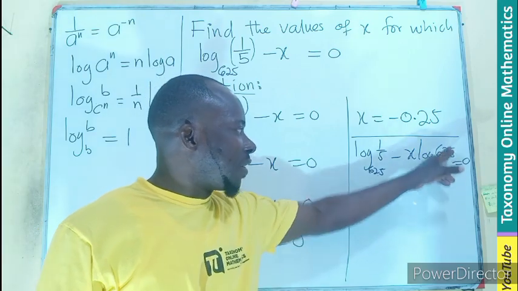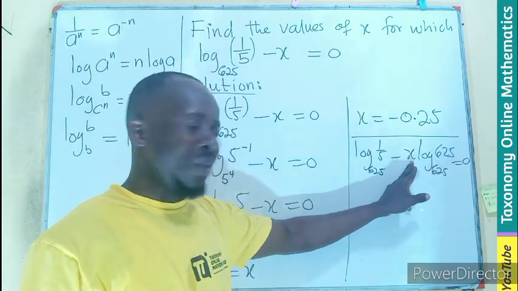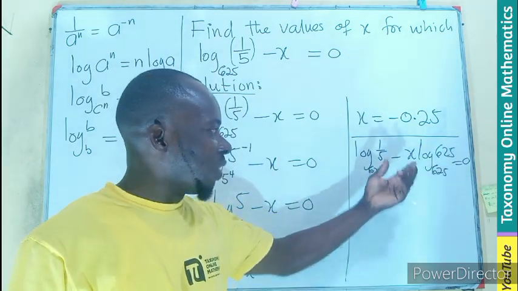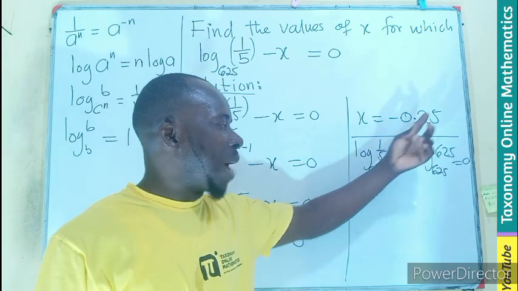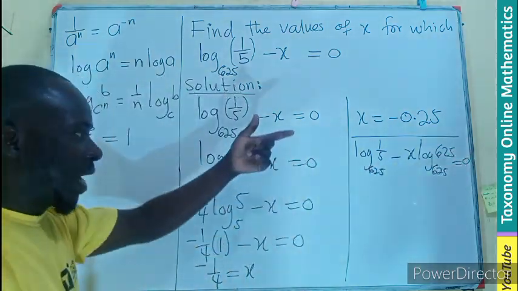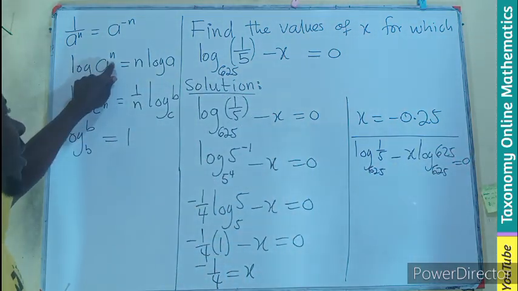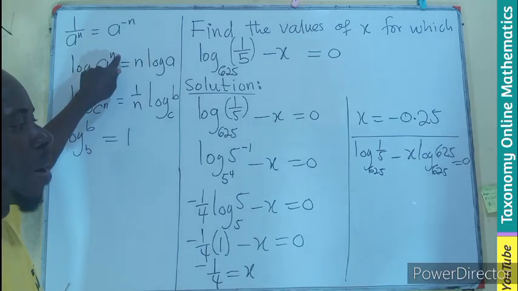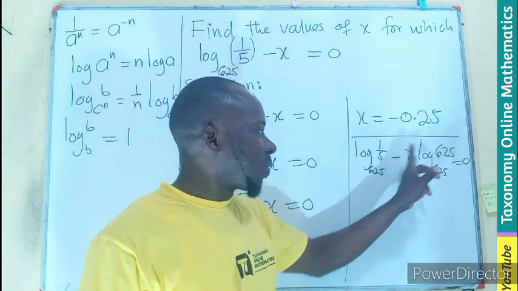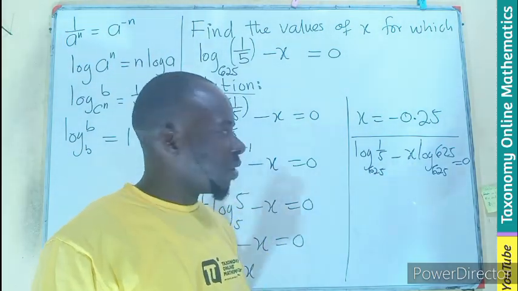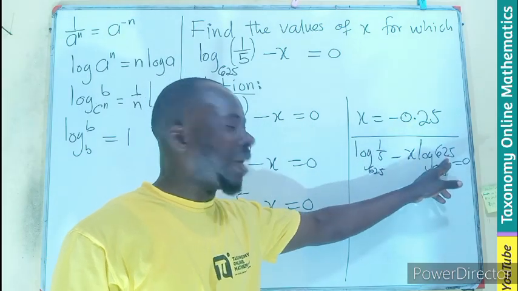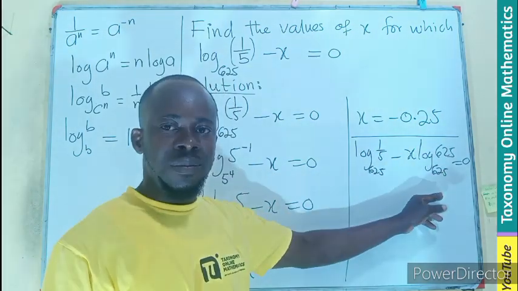So that this is 1. 1 times this will give you the same thing. So if that's the case, remember this is going up to be the power, just like you are seeing here. This comes up to become the power. When you do that, you apply the law of division, so that this will be divided by this, since they have the same base.